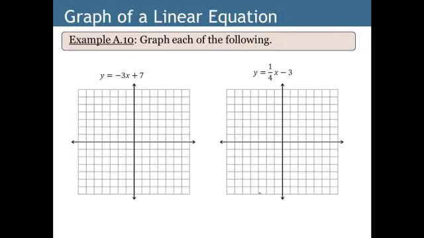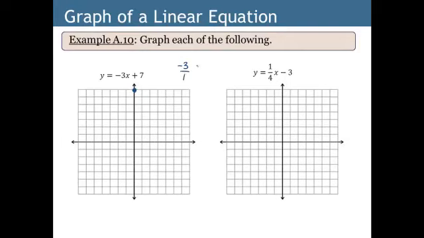So let's try to put that into practice here. So let's graph these. -3x plus 7. Always start with the intercept, or the initial amount. The amount that's not with the variable is the initial amount, so 7. Now, what's -3? As a fraction, that's -3 over 1.